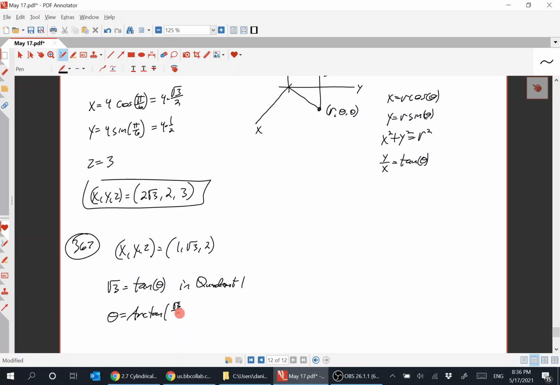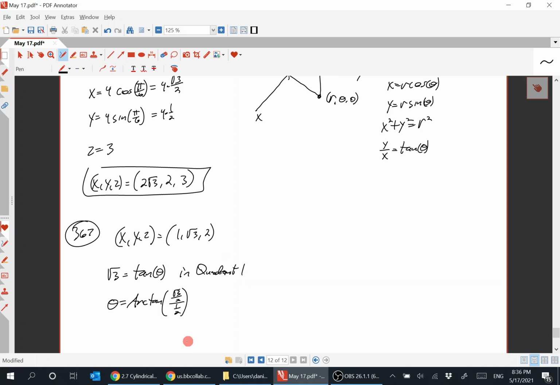Right? It's root 3 over 2 over 1/2. So they're using those special angles, although there's no real reason to be using them. So that's the sine over the cosine. So this is theta equal to 60 degrees, which is pi over 3. Right, so theta is pi over 3.